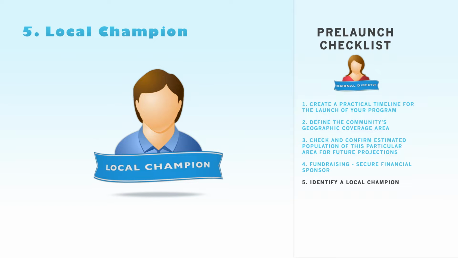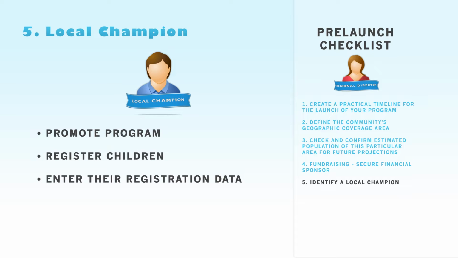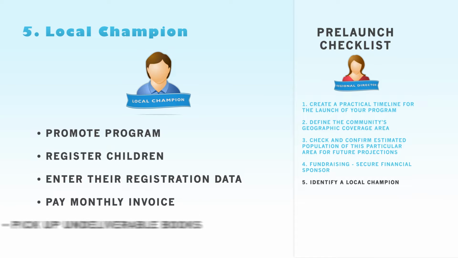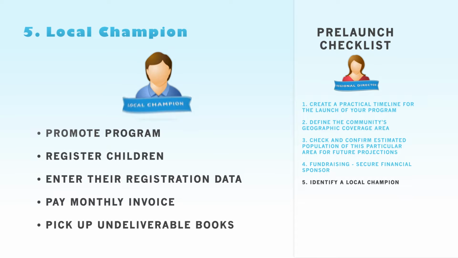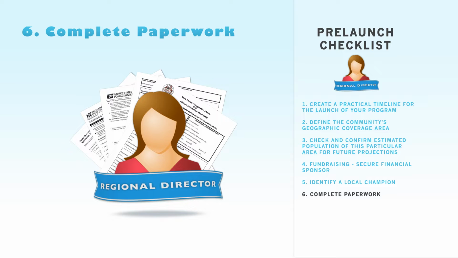Some of their duties are: promote the program, register children, enter their registration data into the Dollywood Foundation's database system, pay the monthly invoice, and pick up undeliverable books from the local post offices where allowed. Once these specific details are agreed upon, the appropriate paperwork is to be completed as shown in the bonus video sections of this DVD and submitted to your regional director.